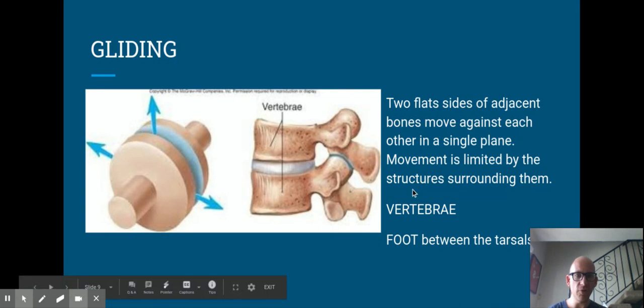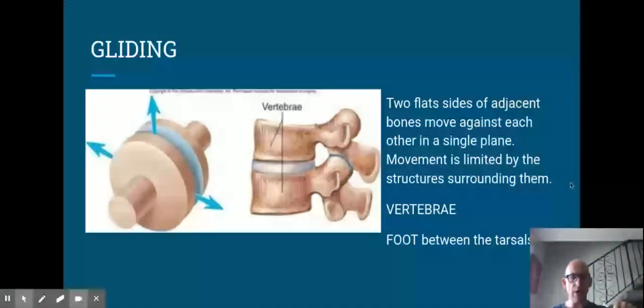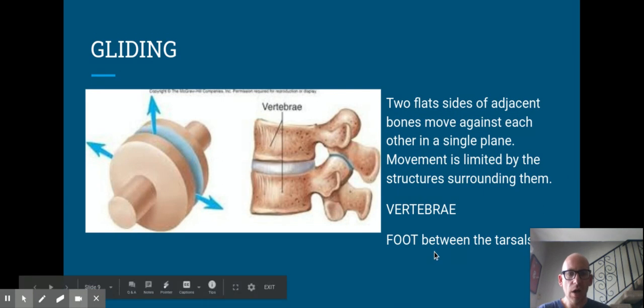So we see here, movement is limited by the structures surrounding them. That would be the spinal erector muscles going up and down, and all the ligaments and tendons that feed into the spine. You also have a sliding joint between the tarsals and the foot.